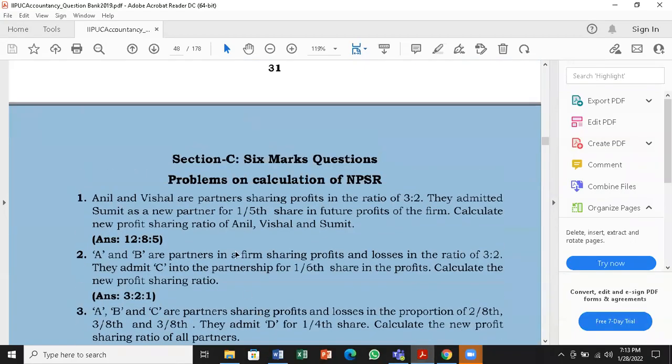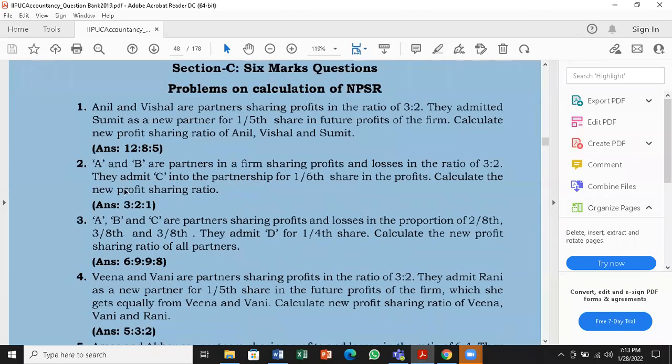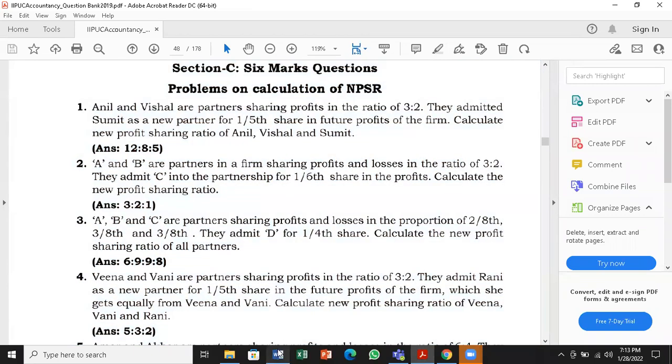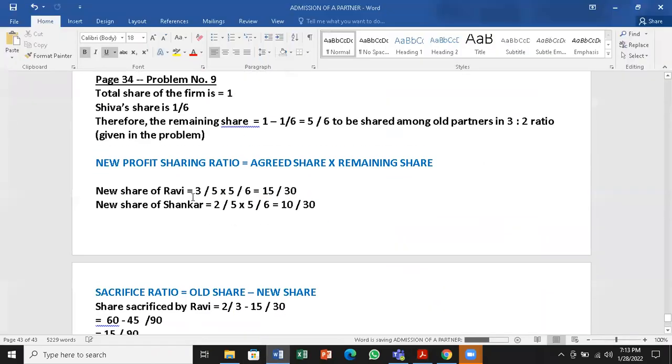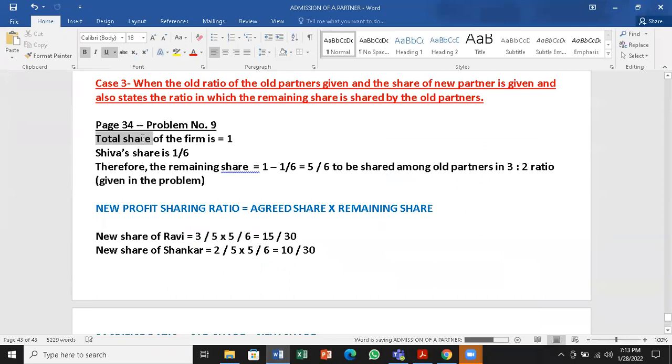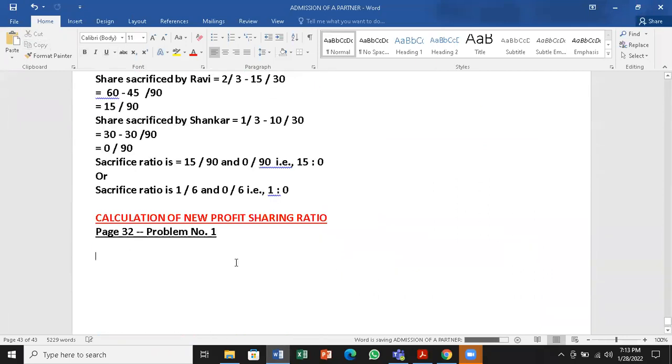Have a look at it. So like in the previous problem, here also we have to assume the total share of the firm as 1. Always, that is a rule.